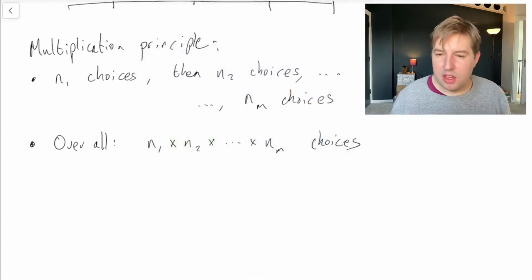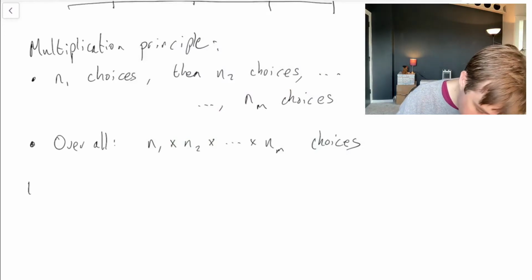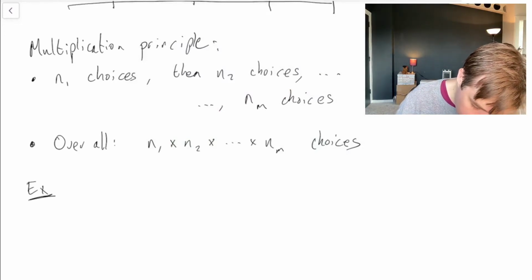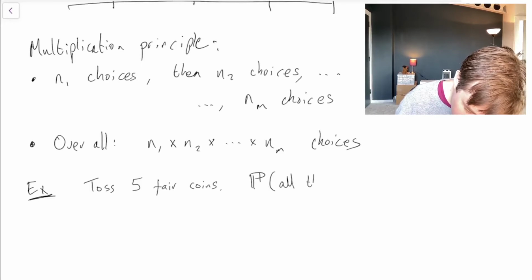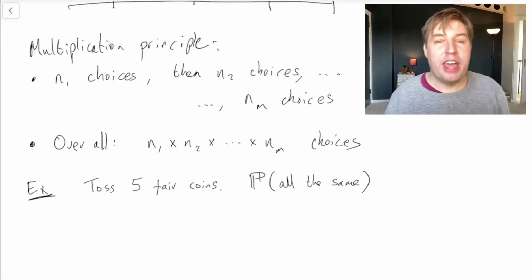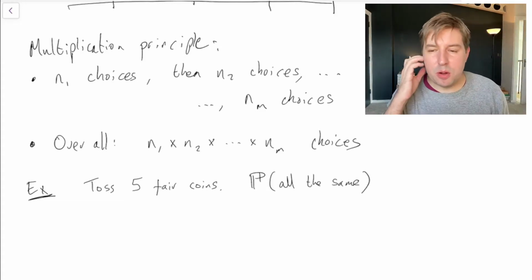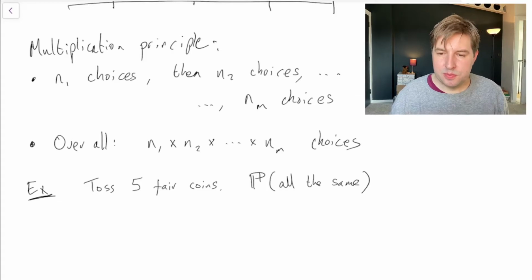Let's start with a simple example, which is this. We toss 5 coins, 5 fair coins. What's the probability that they're all the same? So that they're all heads or they're all tails. What's the probability that that happens?